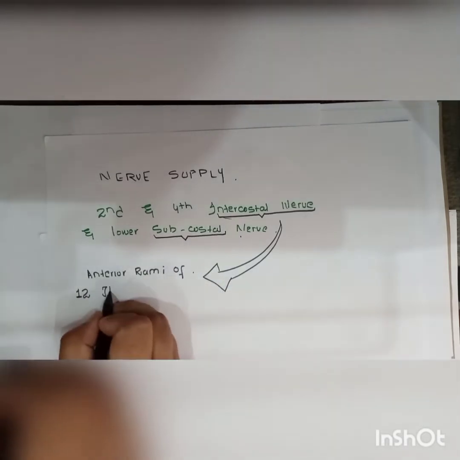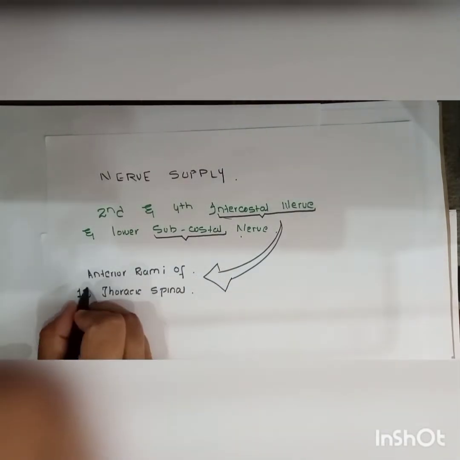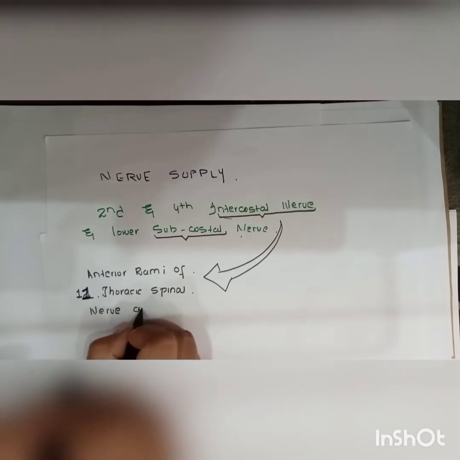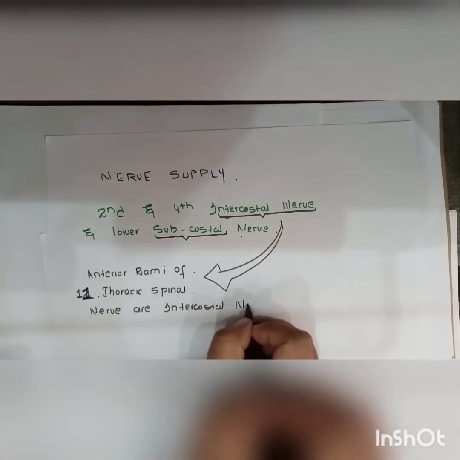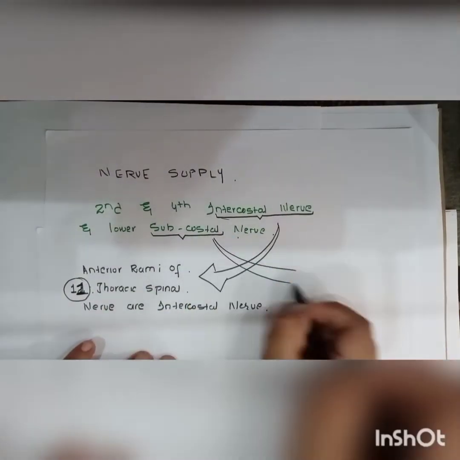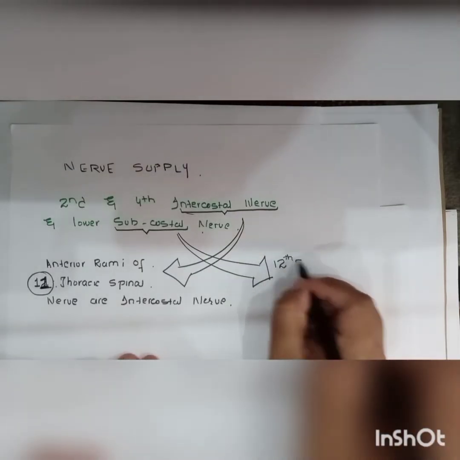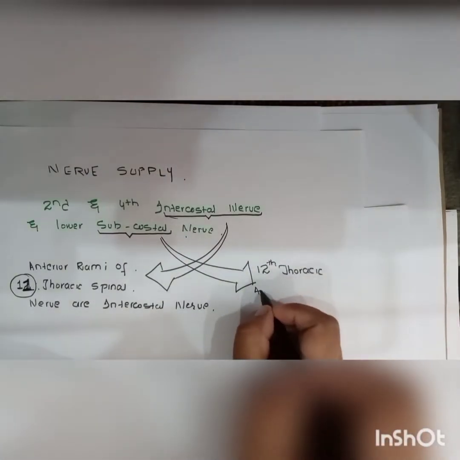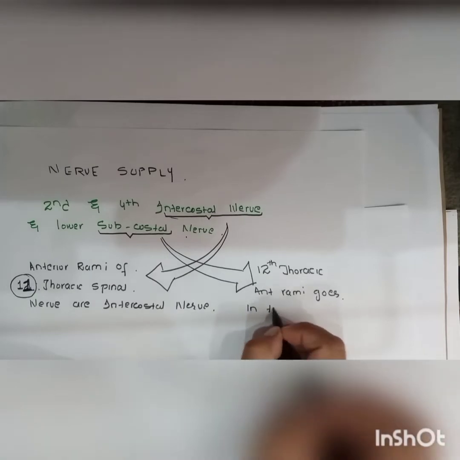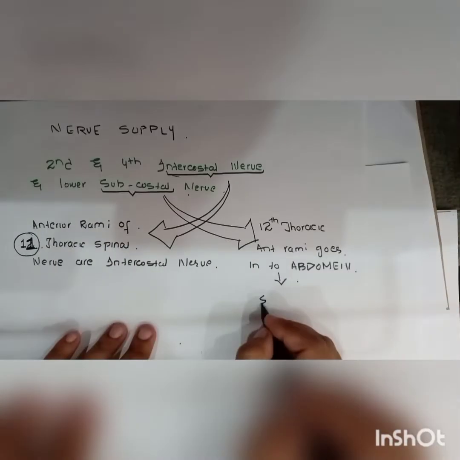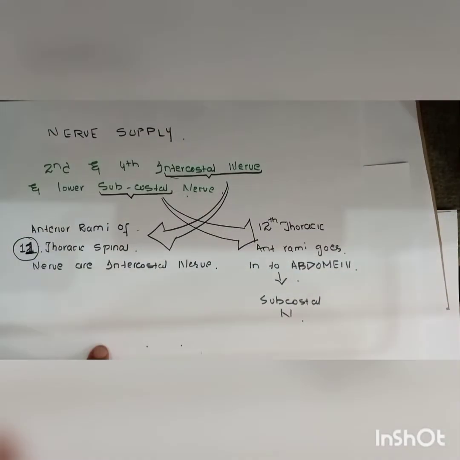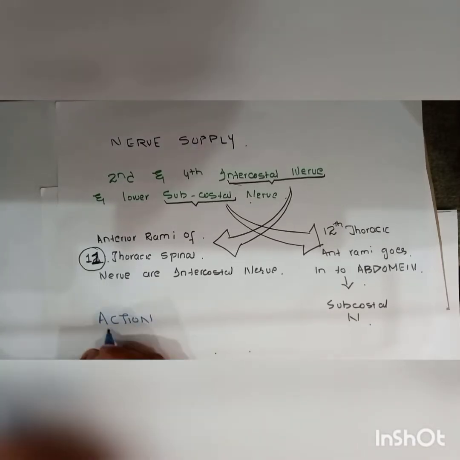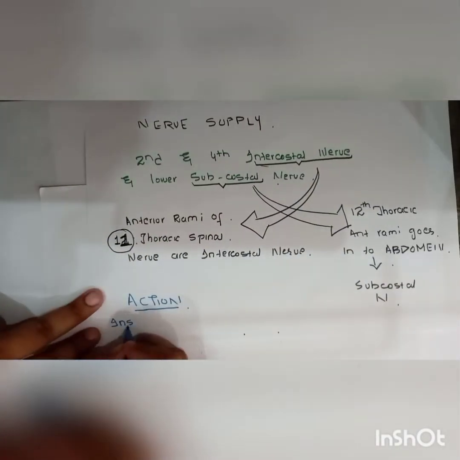The anterior rami of the first to 11th thoracic spinal nerves are called the intercostal nerves, and the anterior ramus of the 12th thoracic nerve, which lies in the abdomen, is called the subcostal nerve.